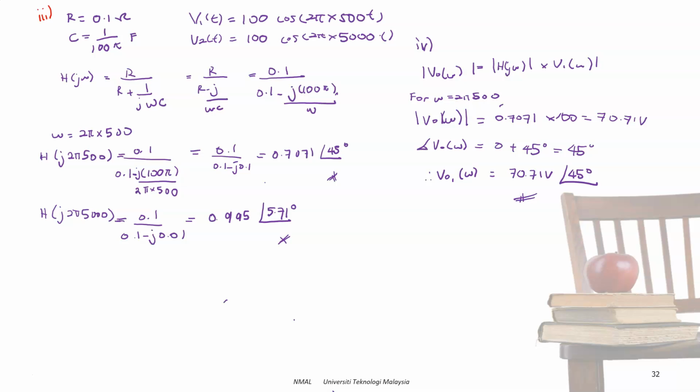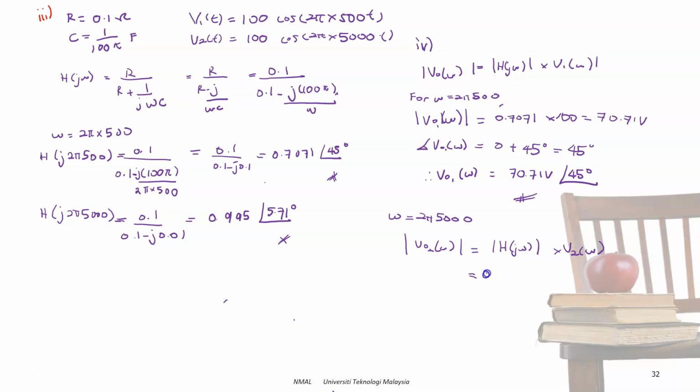So for V input 2, which has omega equal to 2 pi 5000, VO2(omega) is equal to H(j omega) multiplied by V2(omega). So now please check this again, because I have two values here. It's either 0.1005 or 0.995. I'm not really sure which one I have calculated, so you can check again.